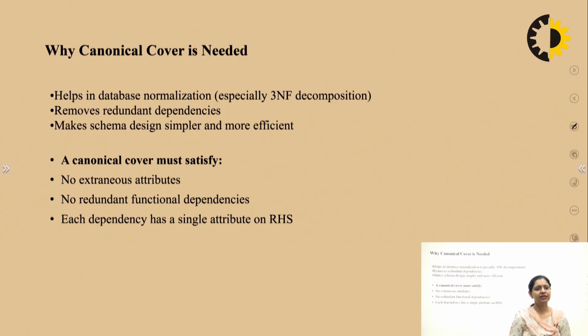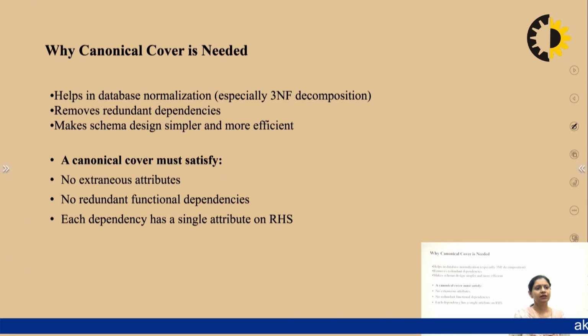Now, when the data is stored in the form of tables, we need to decompose those tables into smaller tables so that the data does not remain redundant and fetching the data becomes easy whenever we are extracting any data from the relational data model. So the normalization is done at different levels, like we have the first normal form, the second normal form, the third normal form, and so on.